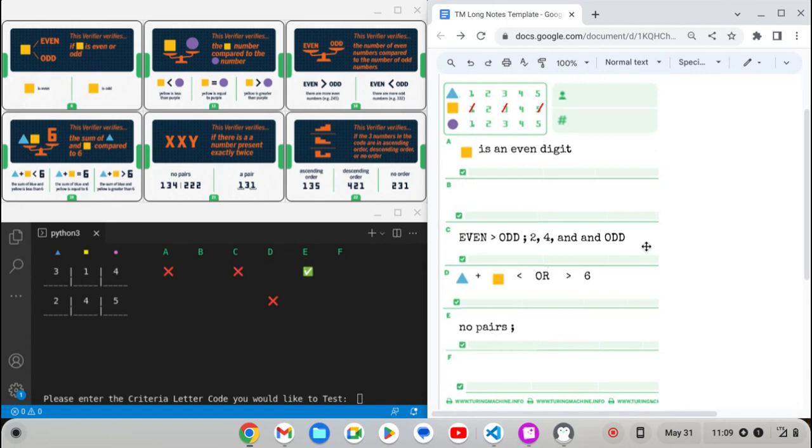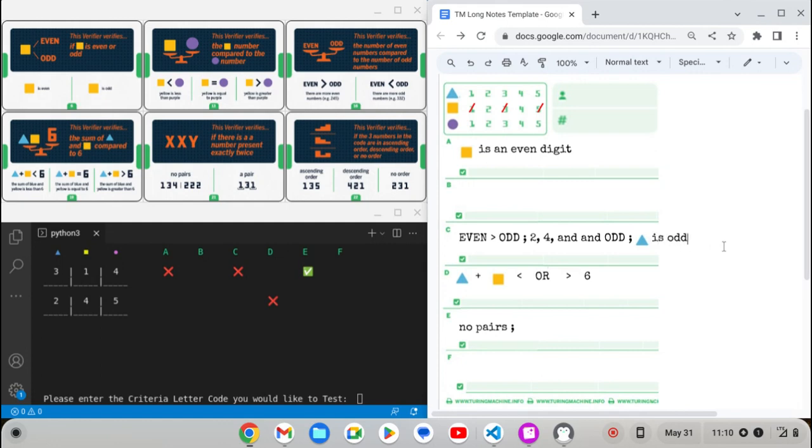So let me see if I can, where can I put those notes? So I think here, I think I'm going to put it in this section here. Well, we do have odds and evens here. So let's actually say that triangle is odd.